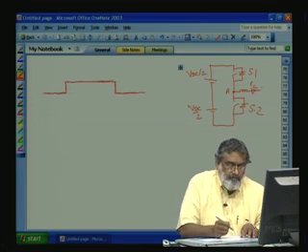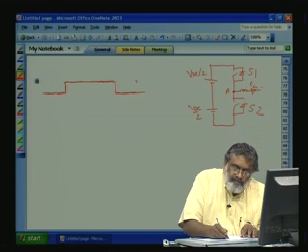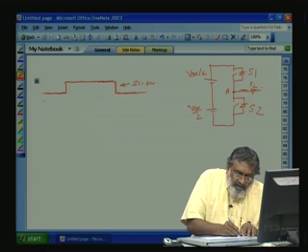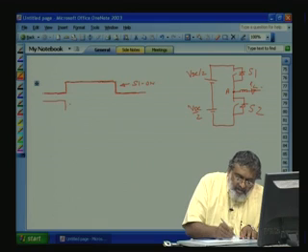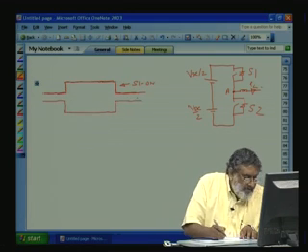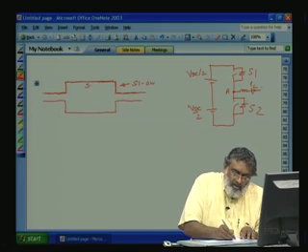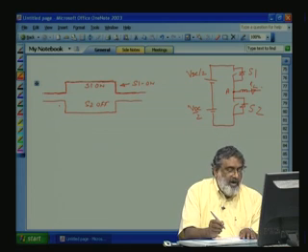If the ideal switching during S1 is turned on, S1 on, during this period S2 will be off. We will represent off as a negative pulse like this. At this point only S2 is on. So, S1 on, S2 off. If you see, the switchings are instantaneous, but what we said, we will give a delay.